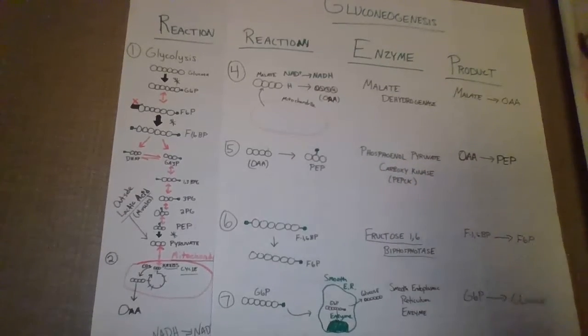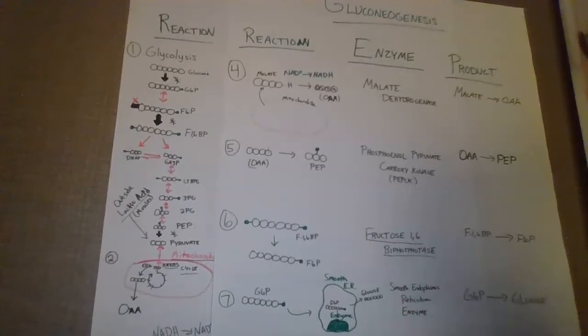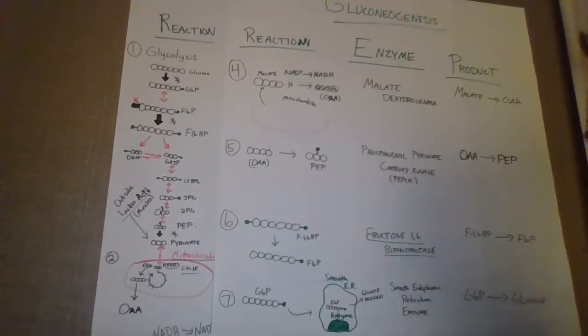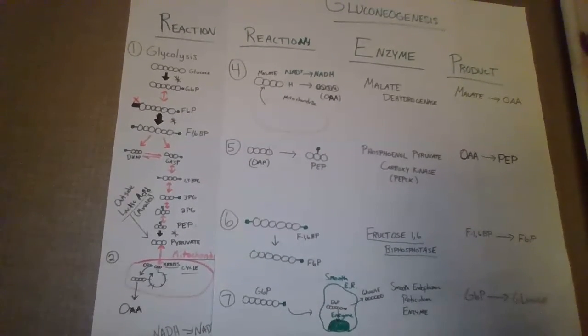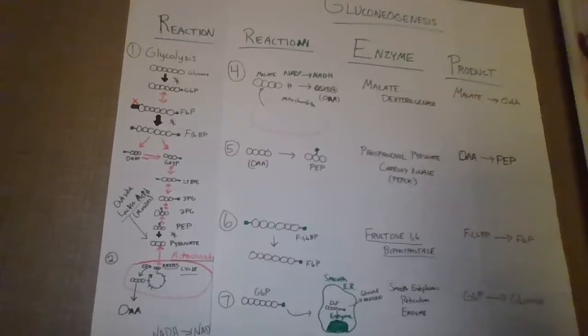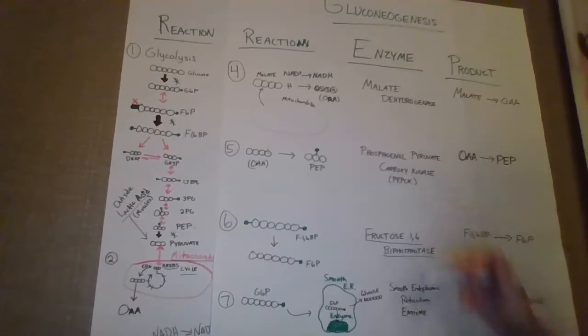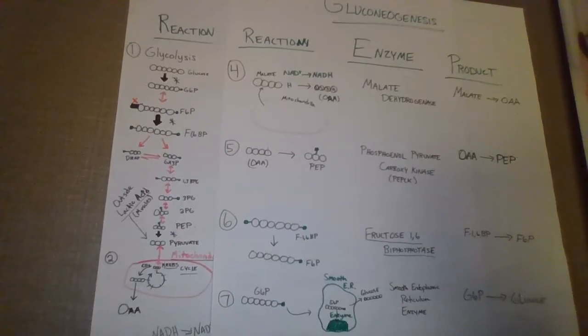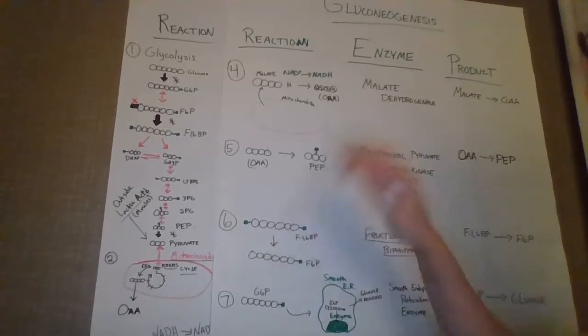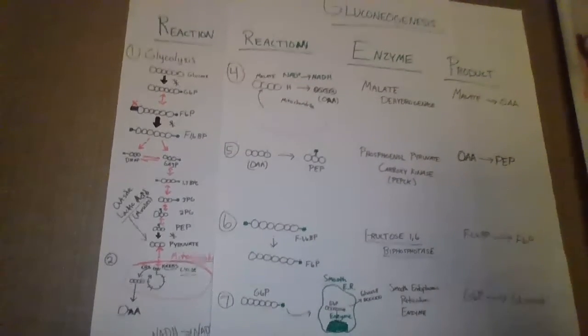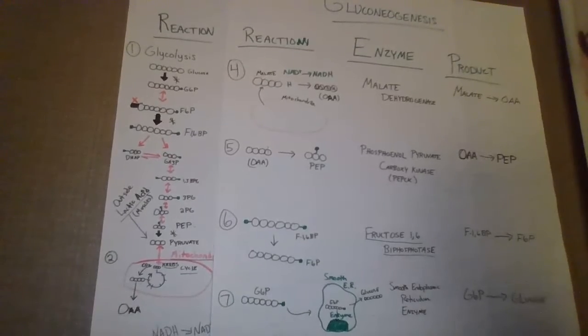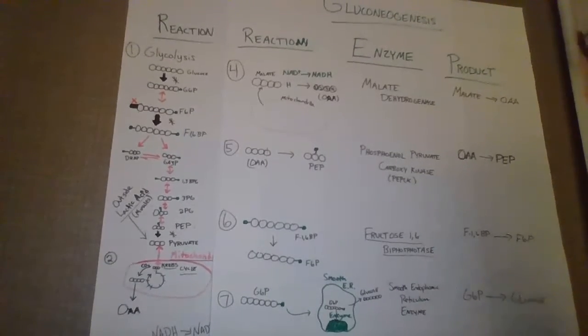This enzyme won't be available during glycolysis during normal cellular conditions. This will only happen when we have low glucose levels in the blood and it's triggered that this enzyme be made. So it's not always going to be present in the cell. It has to be triggered to be made, so that we can actually reverse this process because, again, we need glucose. We have low blood sugar levels, and that's not good.